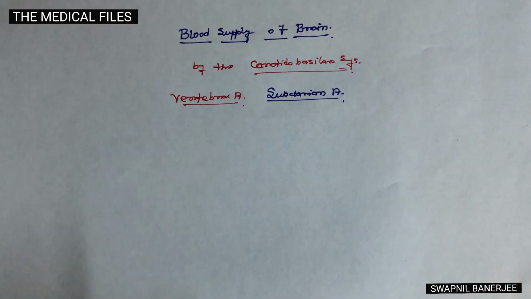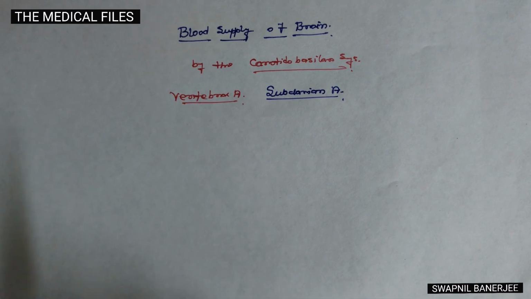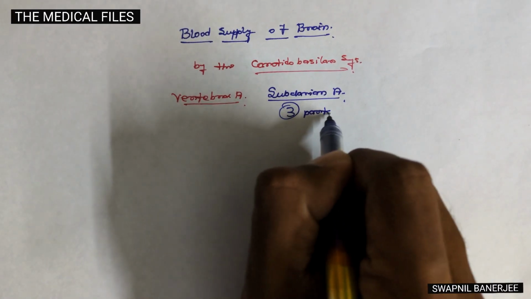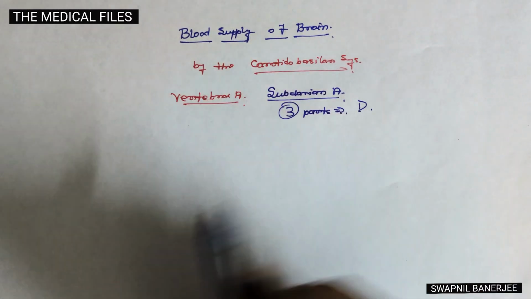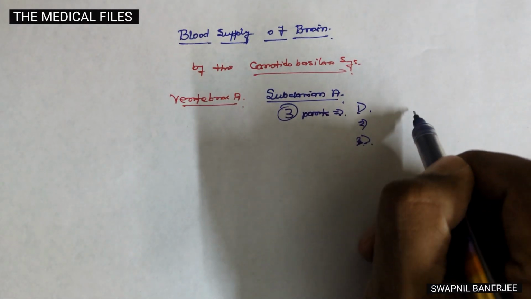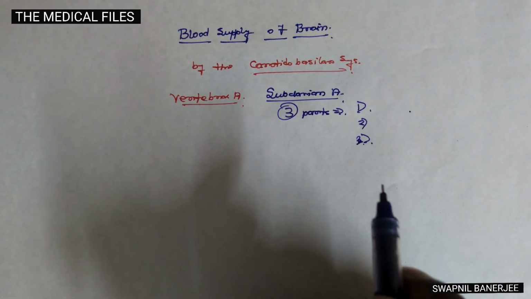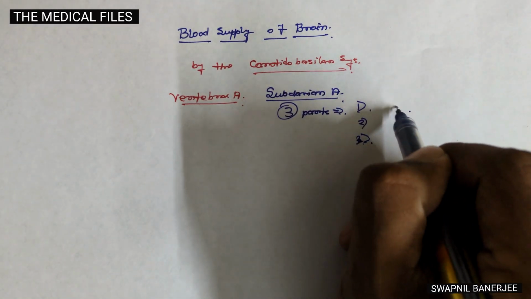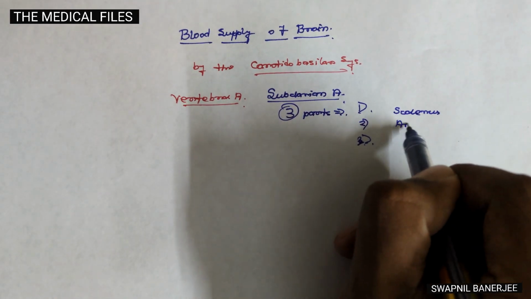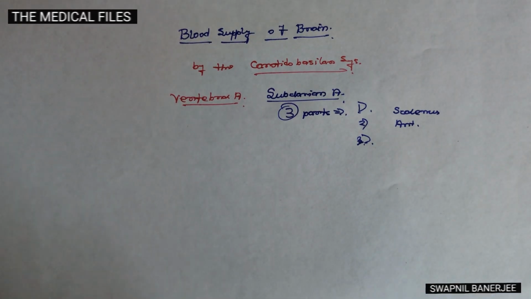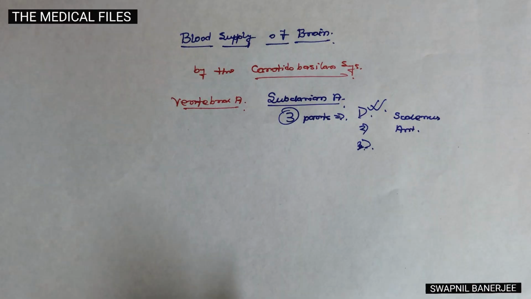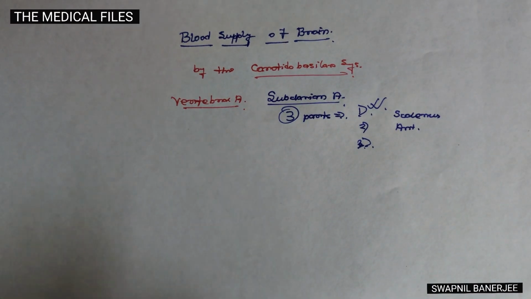The subclavian artery gives a number of branches and it has three parts: one, two, three. It is divided by the scalenus anterior muscle, which divides the artery into three parts, and from the first part our vertebral artery arises.